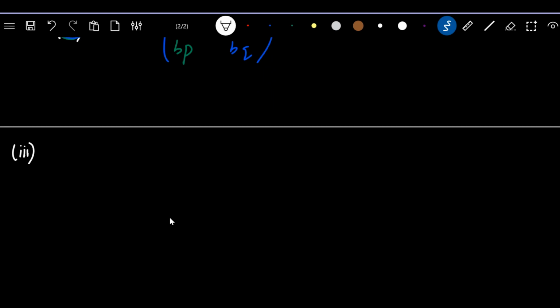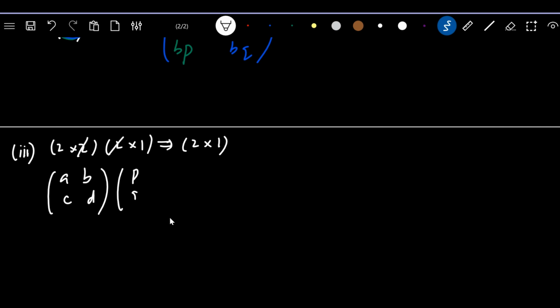When we have a 2 times 2 matrix and a 2 times 1 matrix, we will produce a 2 times 1 matrix. So let's look at this example, ABCD times PQ. Same thing, when you multiply A with P, you have a right column beside A, so you need to add: AP plus BQ.